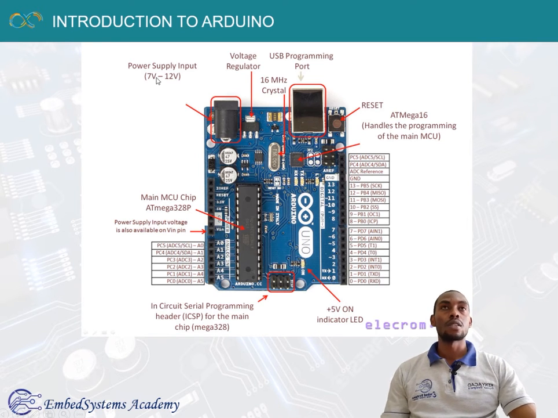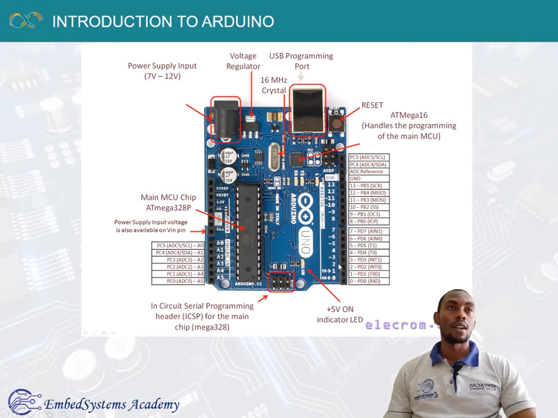This is what regulates the power you supply to what the chip uses. This chip uses 5 volts. Then here we have the pin outs, where you can connect various peripherals to this board. And this is the USB programming port. By inserting a USB type B cable to your computer via this port, you're able to program this board.